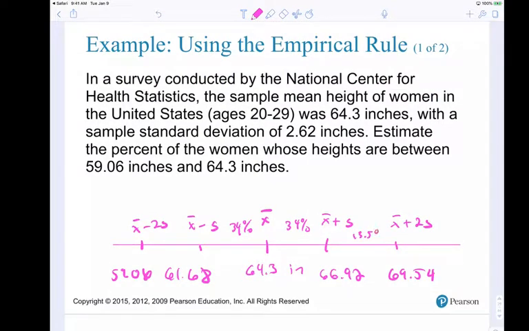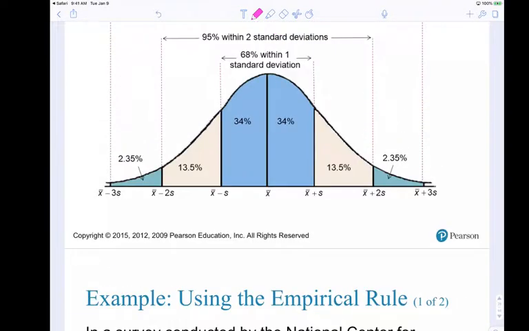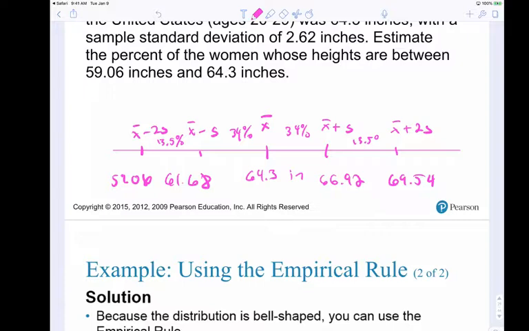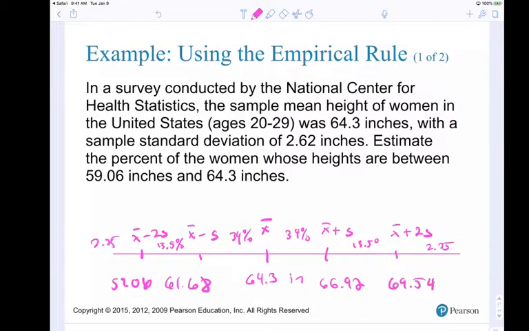This is also 13.5%. And 2.35 is that last part. So this over here should be 2.35. I think I'm doing it right.